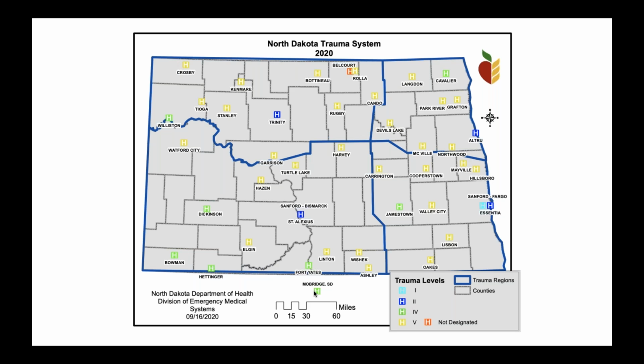They go to Bismarck. So Mobridge is on this map because of that. So Fort Yates and Mobridge are both level 4 trauma centers. And we're going to explain why this is like this here in a minute. And then we have Sanford and St. Alexis, which are both the level 2s, which generally would be transferring to or transporting to in North Dakota.